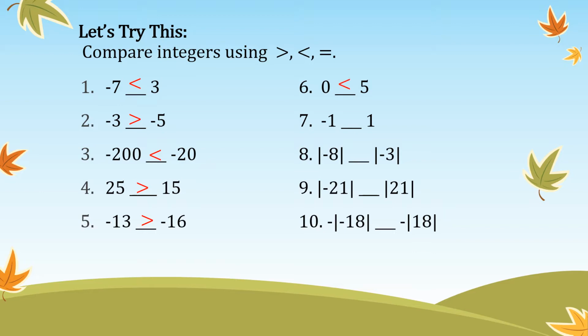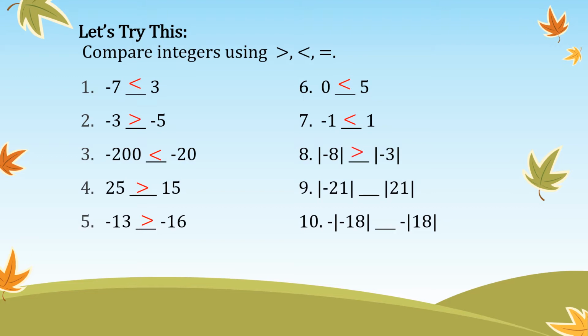Sixth, 0 is less than 5 because 5 is on the right side of the 0, which is much greater than 0. Seventh, -1 is less than 1. Of course, because 1 is on the right side of 0, then -1 is on the left side of the 0.